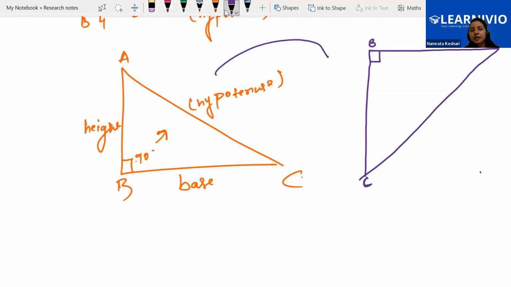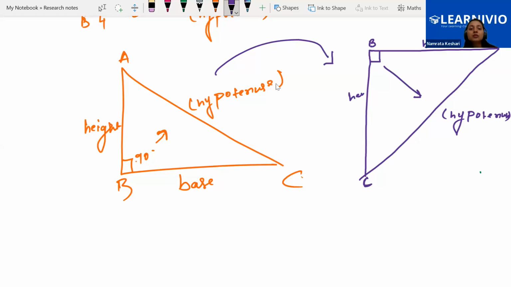Can we turn this triangle like this? Yes, ma'am. The side opposite to 90 degrees still has the name hypotenuse, but base and height got changed. Now you can call this one a base, this one a height. Doesn't matter. We will be talking about it in detail.